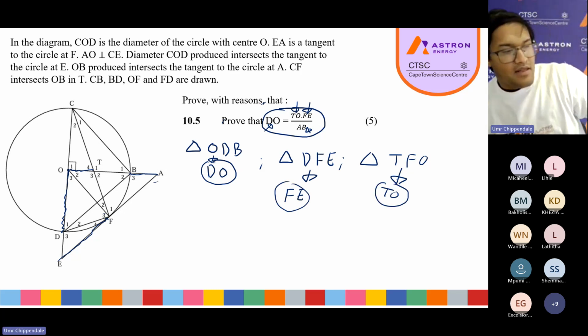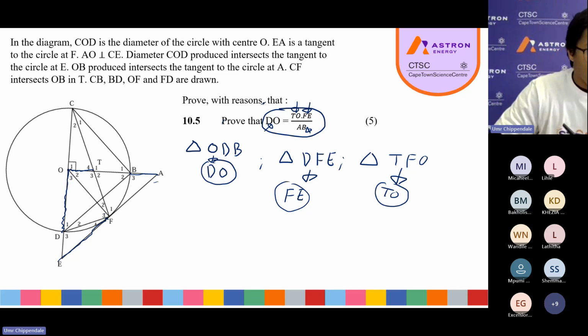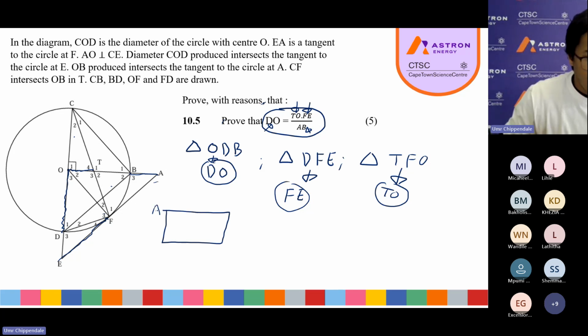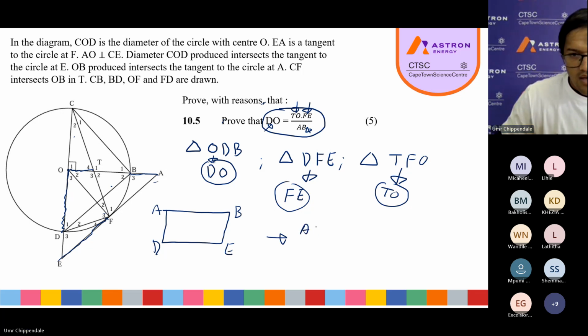Now, the way we deal with this is, let's say, for instance, we have a rectangle. A rectangle can maybe look like this, long this way and that way. We have A, B, D, and F. That would mean your AD line will be parallel to your BF line.